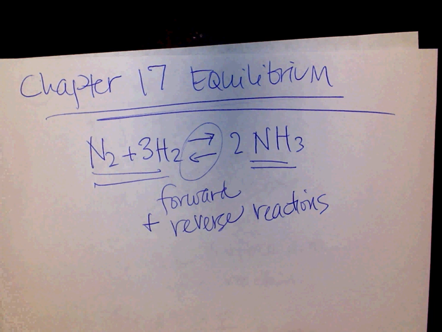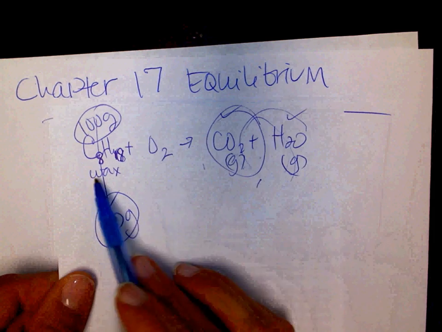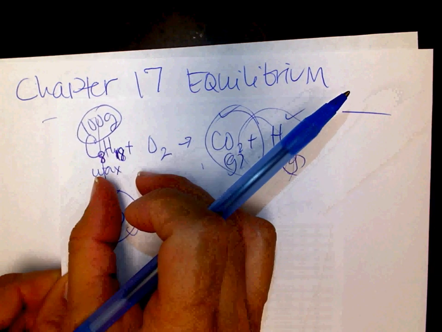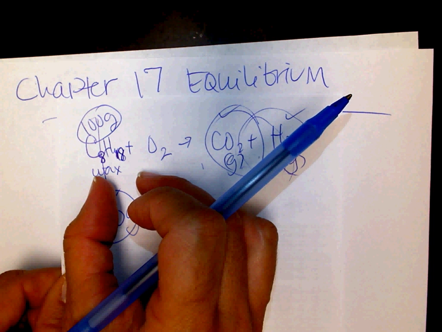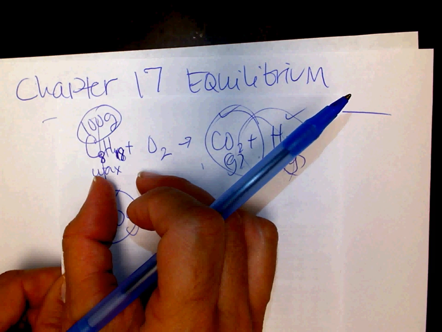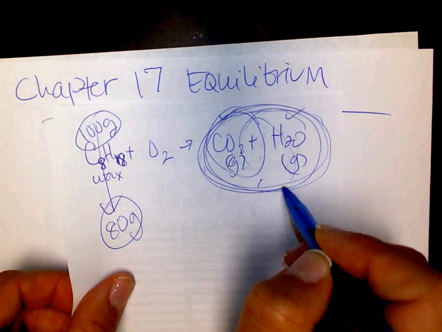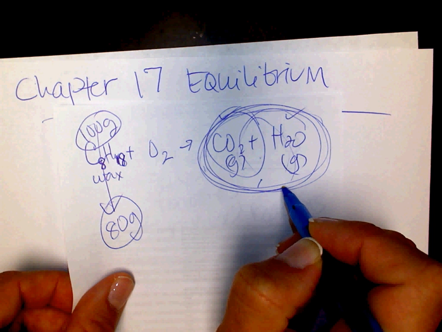Now, does that happen in your candle burning situation? Does the carbon dioxide and water come back together to make candle wax? No. Why not, Zach? It's not reversible. First of all, it can't be, because what's happening to these gases when you're burning your candle? Where are the gases going?